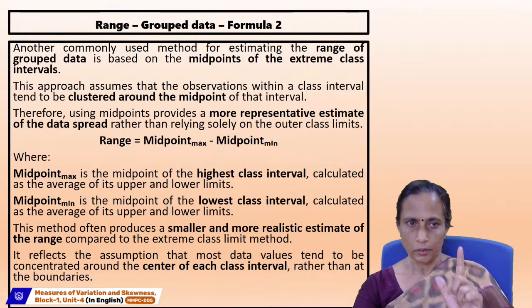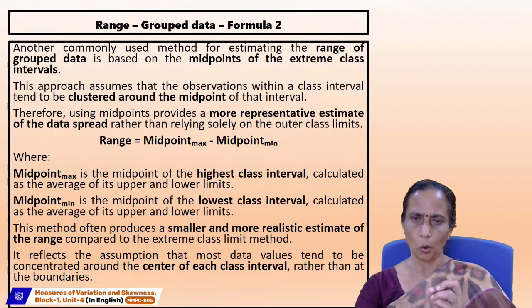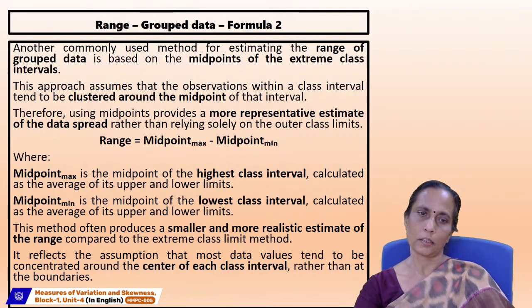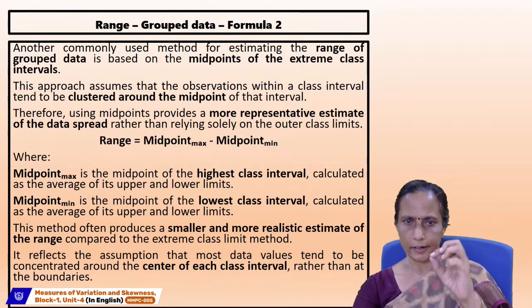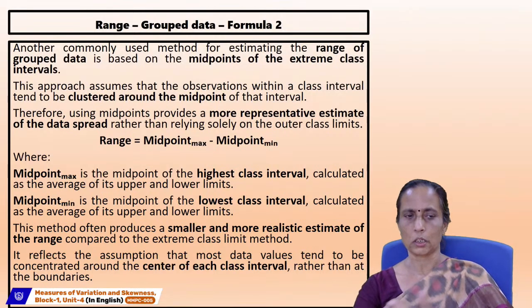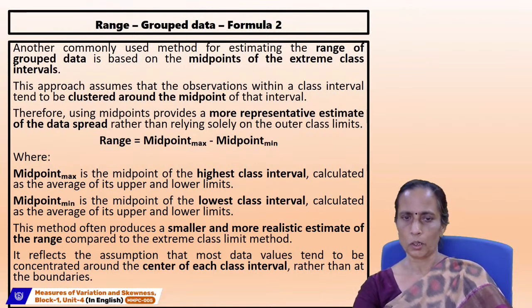Therefore, using midpoints provides a more representative estimate of the data set rather than relying solely on the outer class limits. That is, range is equal to the midpoint of the highest class interval minus the midpoint of the lowest class interval.